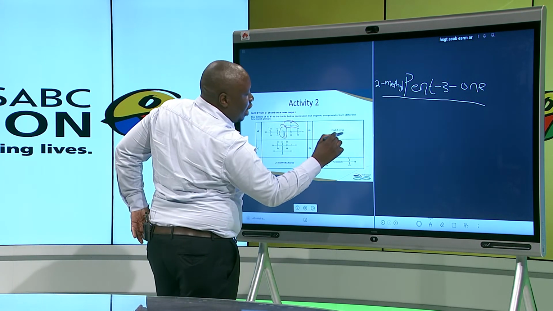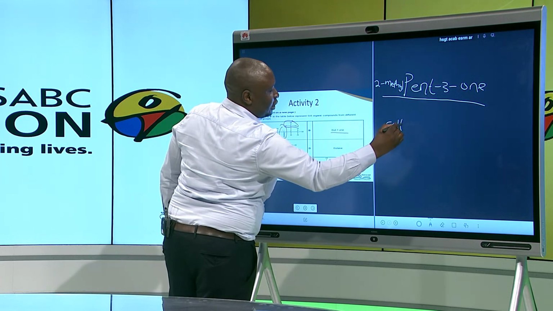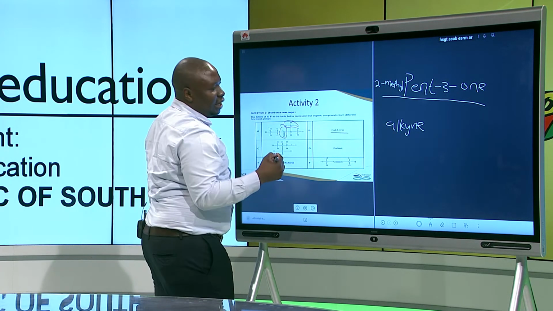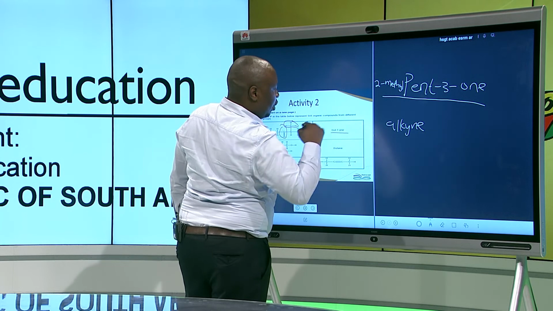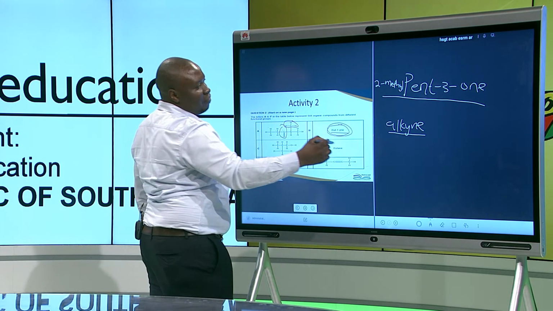The other thing, you come here and check this one. You know it's an alkyne. What is the homologous series for this one? It is alkyne. What is the functional group?